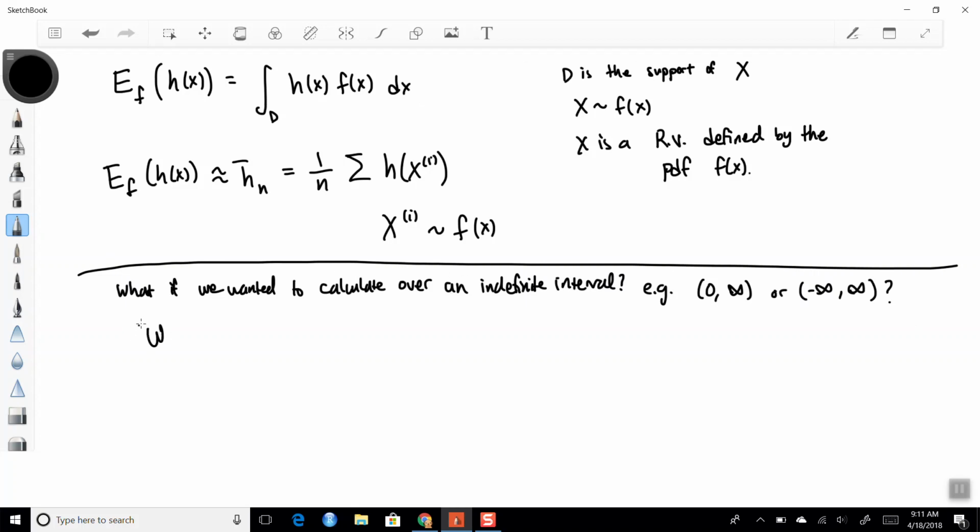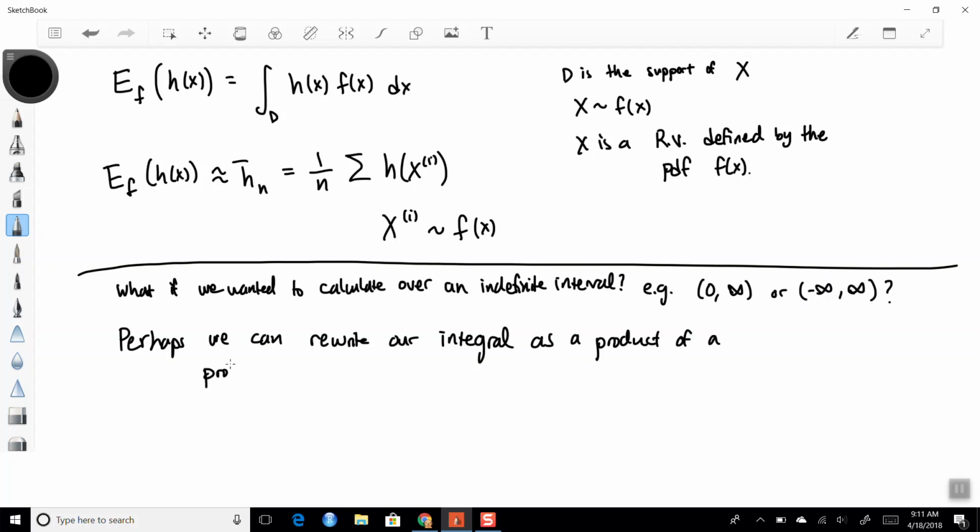So perhaps we can rewrite our integral as a product of a probability density f of x and some function h of x.